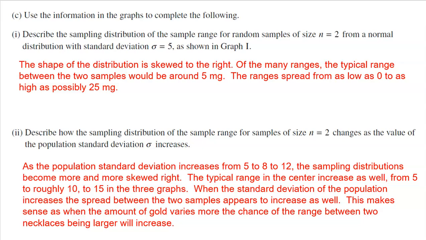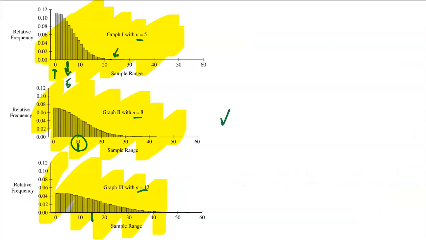When the standard deviation of the population increases, the spread between the two samples appears to increase as well. Actually, that should make complete sense, because when the amount of gold varies more, then the chance of the range between the two necklaces being larger will increase. So again, think about what I'm saying there.